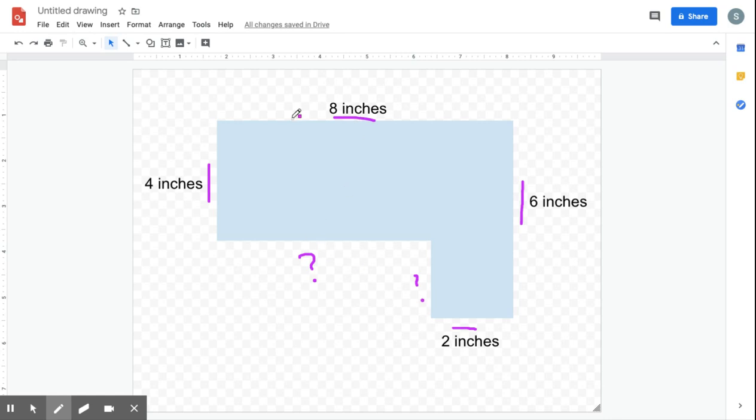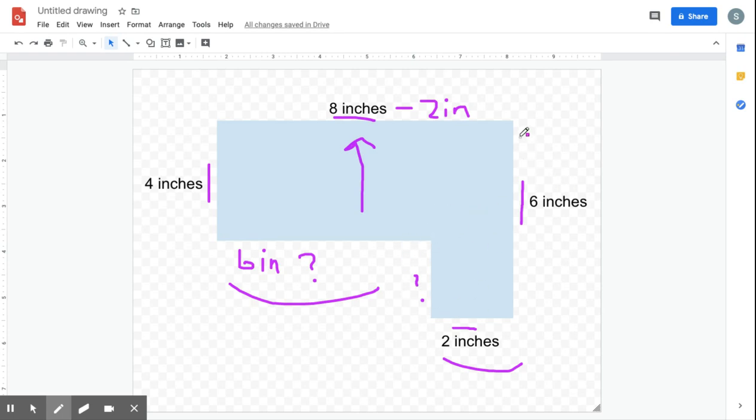Yes, I can. Same thing as before, we have two parts, this part and this part, that equal 8 inches. So I can do 8 inches minus 2 inches to find out that this side is 6 inches. Awesome, so that's one side.